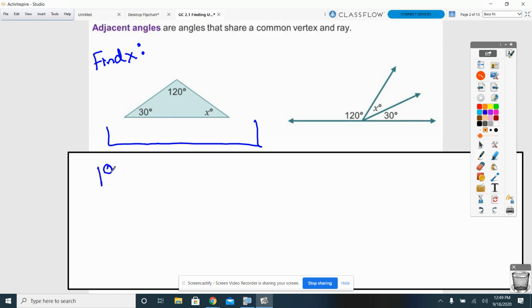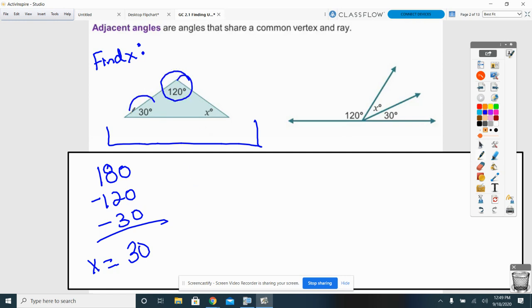So they'll take 180 minus 120 minus 30 to figure out the missing angle, and they will get 30 degrees. So x equals 30. Some kids will say, okay, 120 plus 30 is 150, so I'll just take 180 minus 150 and I will get 30. That's perfectly fine. We got the same answer.